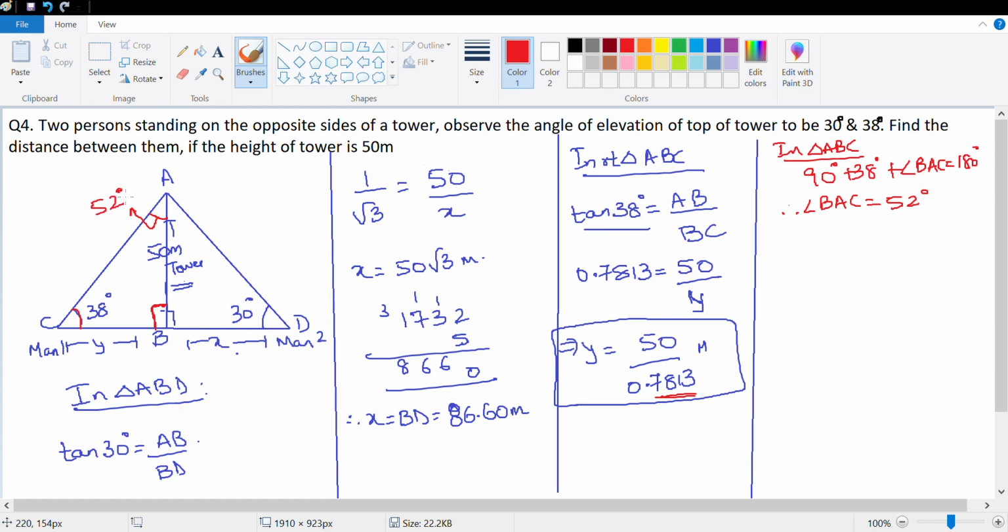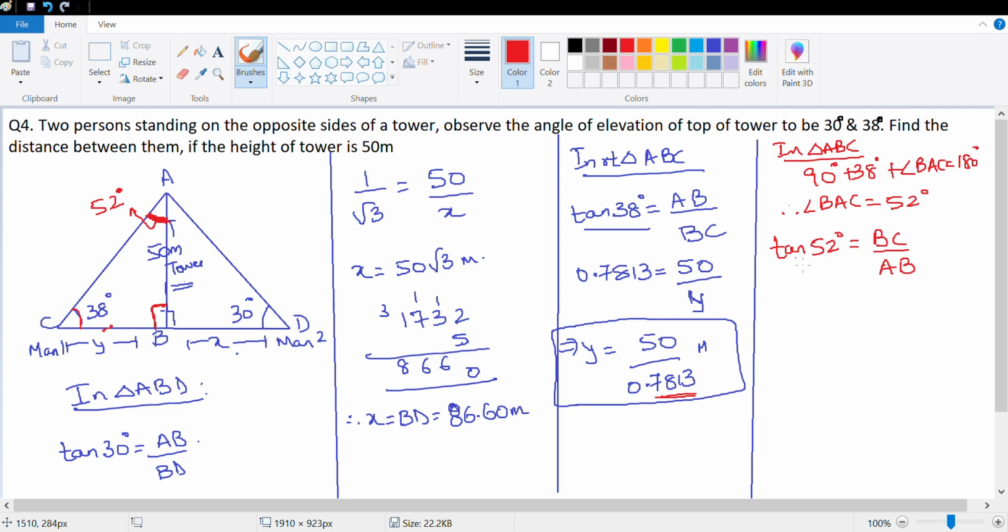Now let me see, because if I take tan of 52 degrees, the numerator will be Y, which will make my life simpler. So tan 52 degrees, this time my angle of reference is this 52 degrees. So this would be equal to BC upon AB.